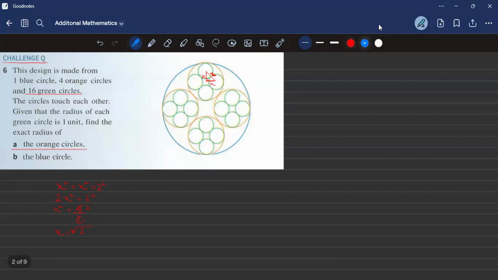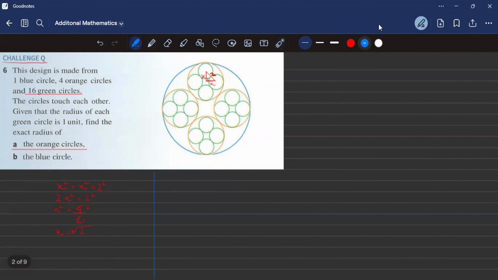Now before I proceed, we have the value of x, but this is not actually the radius of the orange circle. How are we going to find the radius of the orange circle? It's this x value plus the radius of the green circle. Then we would get the whole radius of the orange circle.